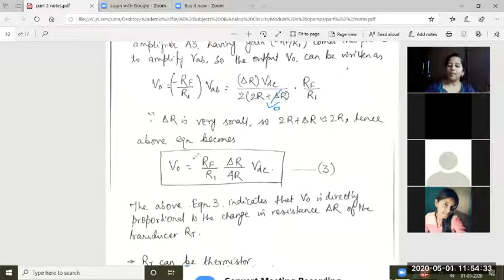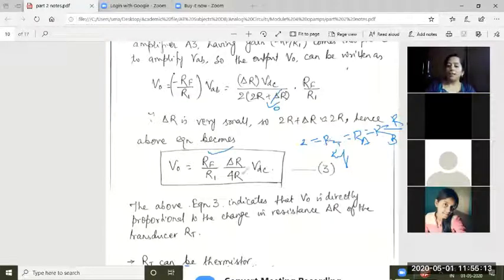Is that clear? So the final equation which you should remember is V0 is RF by R1 into change in resistance of the thermistor delta R divided by 4 times R. Where what is this R value? R value is RT at some reference condition like room temperature equal to RA equal to RB equal to RC. Okay, that is R. RA equal to RB equal to RC equal to RT.